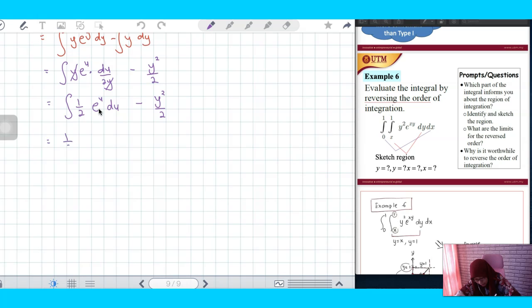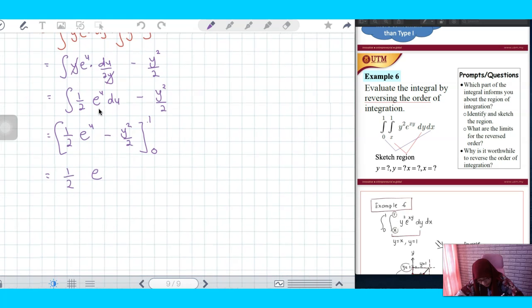So you have e^u minus y squared over 2, where y is from 0 to 1. You can put the 1 over 2 outside because that one is a constant. So you only have e to the... what is your u just now? y squared.